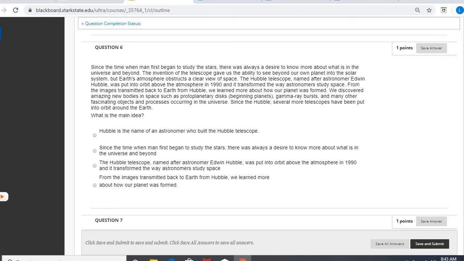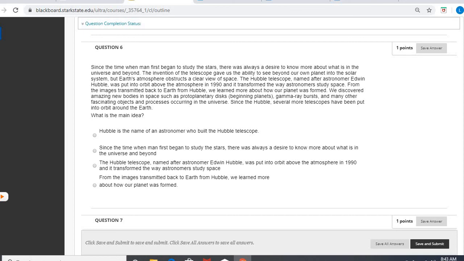From the images transmitted back to Earth from Hubble, we learn more about how our planet was formed. We discovered amazing new bodies in space, such as protoplanetary disks, beginning planets, gamma ray bursts, and many other fascinating objects and processes occurring in the universe. Since the Hubble, several more telescopes have been put into orbit around the Earth. What is the main idea?